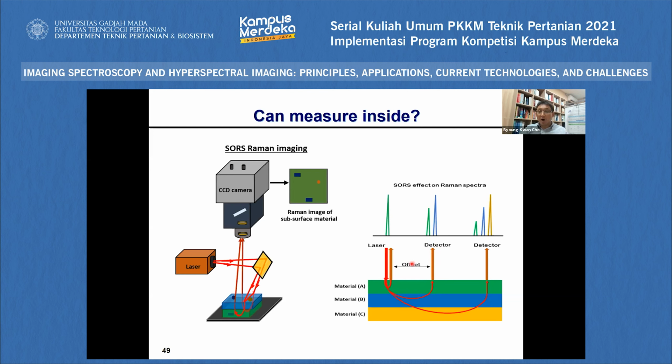If the offset is increased, we could get much deeper information this way. But the intensity is quite low, right? Anyhow, we could get inside properties this way. Okay, that is offset measurement.